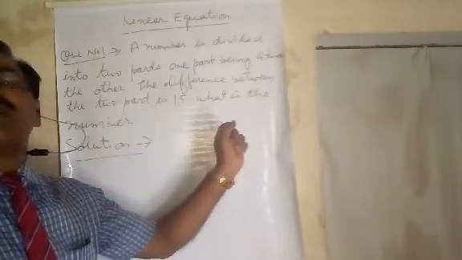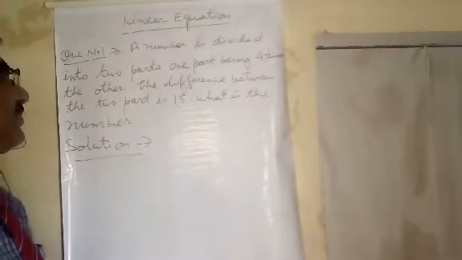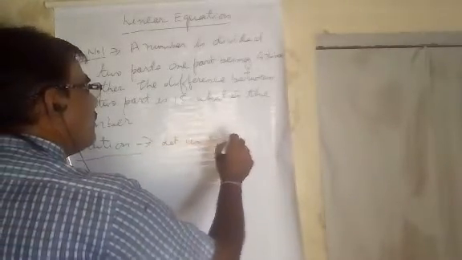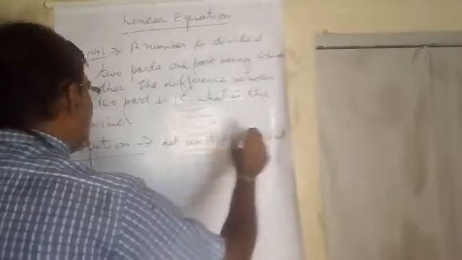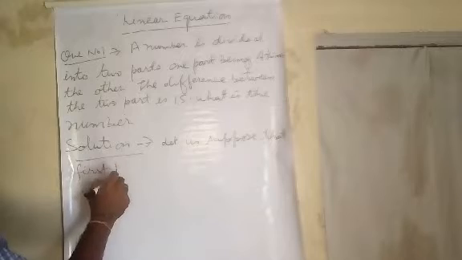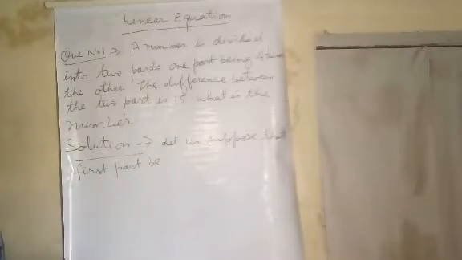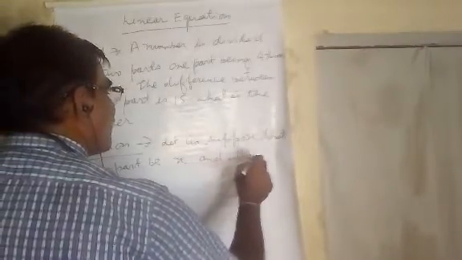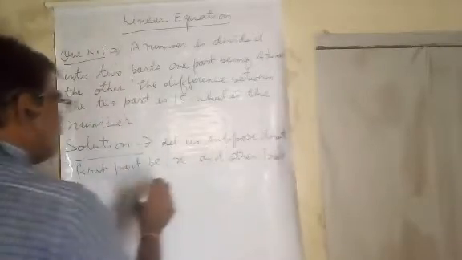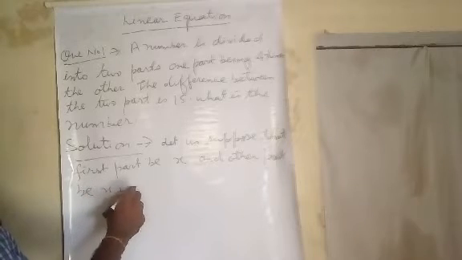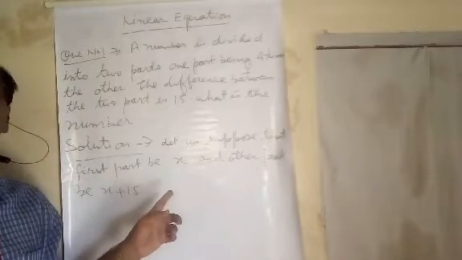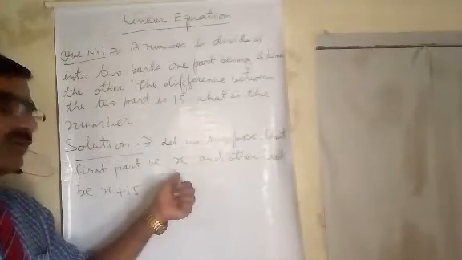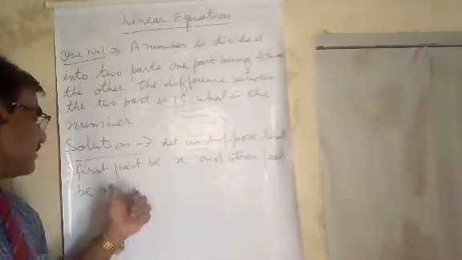So let us suppose that the first part be x and the other part be x plus 15, because the difference between two parts is 15.